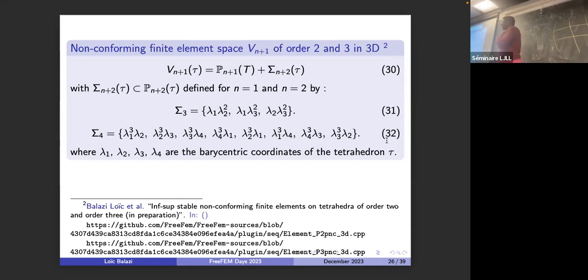And we have implemented this in FreeFem with Frederic. And it is called element P2 PNC 3D and element P3 PNC 3D. And it is a pair of finite elements that is stable for Stokes equations. And we also have an article, notably with Pierre Jolivet, in which we present this finite element and a preconditioning strategy for solving this efficiently.